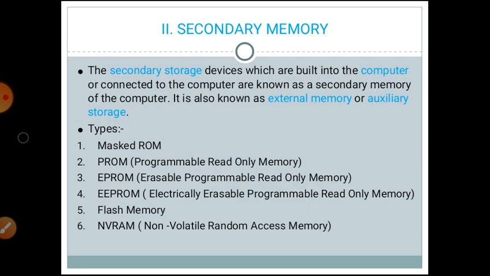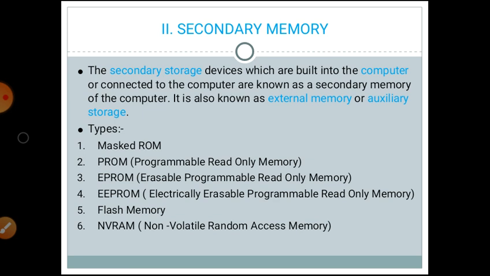Next is secondary memory. The secondary storage devices which are built into a computer or connected to the computer are known as secondary memory of a computer. It is also known as external memory or auxiliary storage memory. There are six types of secondary memory.